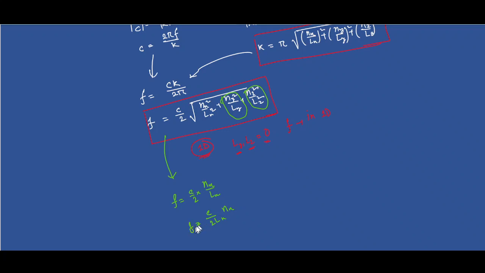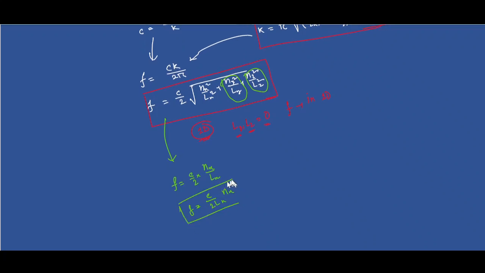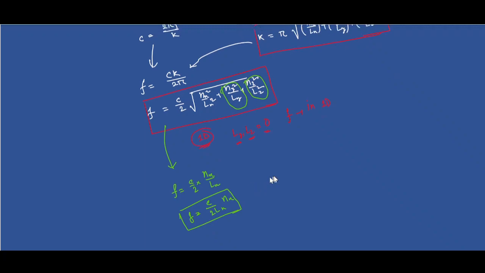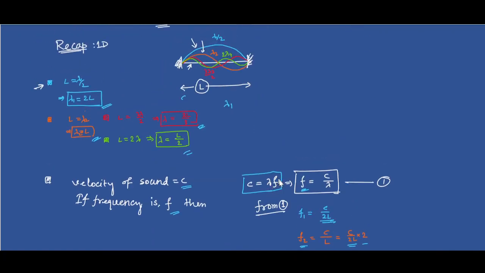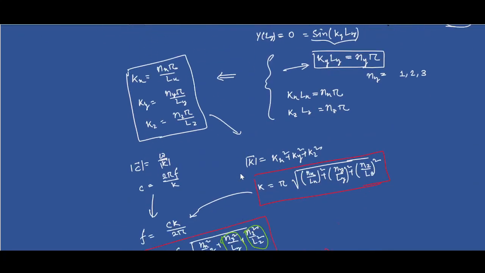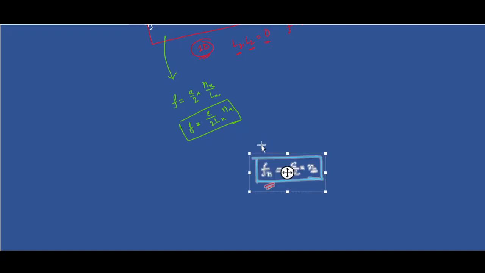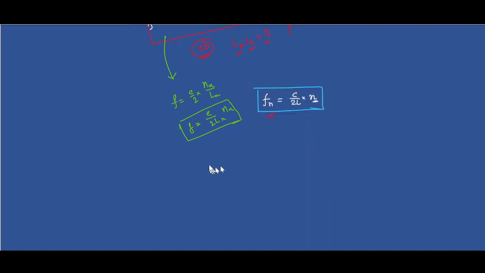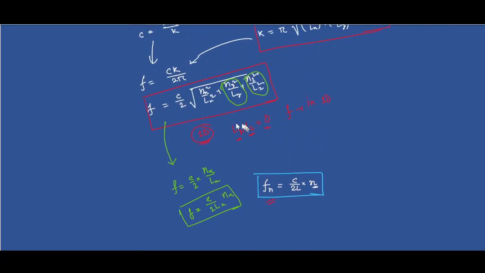And we can verify that this expression of frequency is exactly the same as we derived for 1D in the recap part. I can check that this expression is exactly the same as this expression. So our equation of frequency for the 3D wave is the correct one.